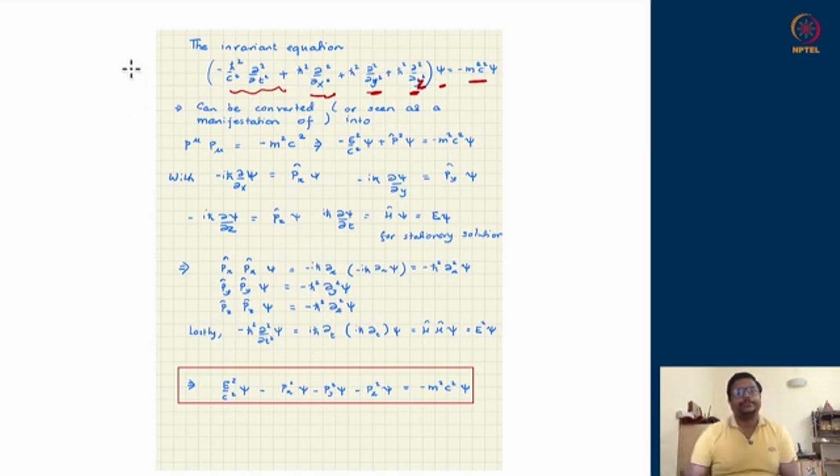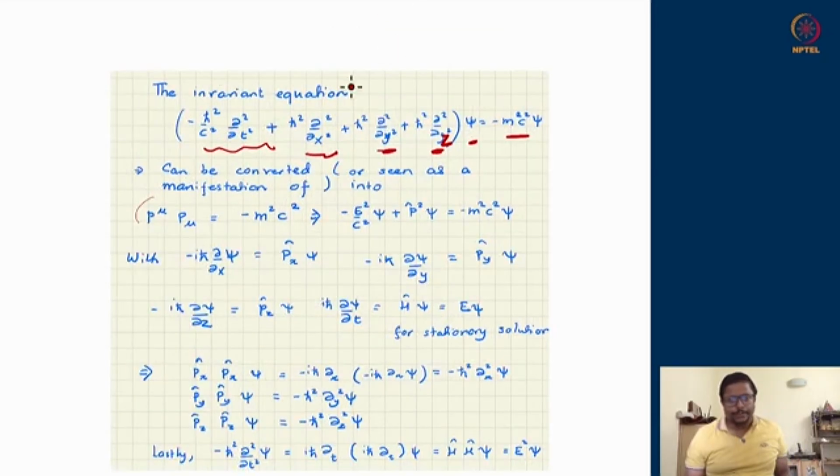So therefore, we can think of looking at this equation which is present over here in some sense as the manifestation of the invariant equation p mu p mu is equal to minus m square c square. Remember, in special relativity, we learned that p mu p mu is supposed to be minus m square c square. Okay, this is invariant, and because of its contraction, this upper index, lower index repeated and summed over, we know that this is also an invariant quantity.